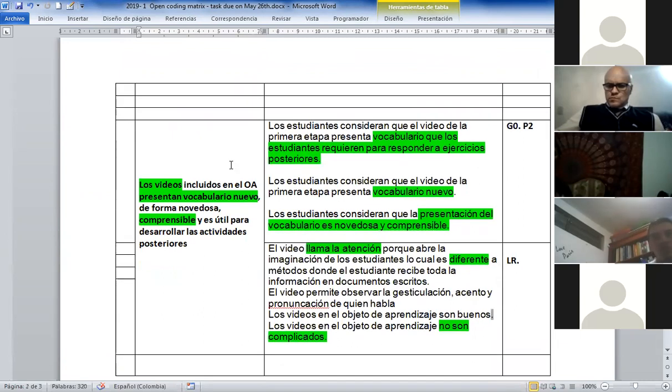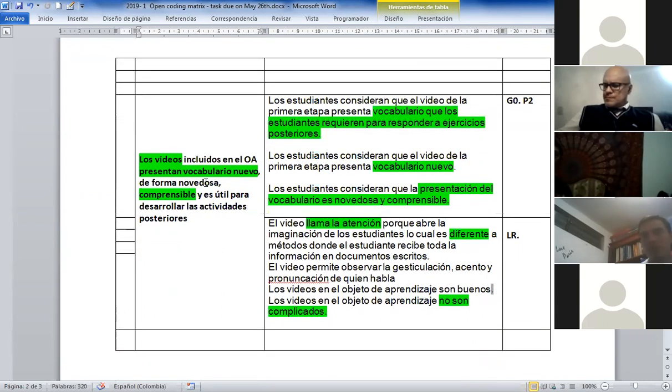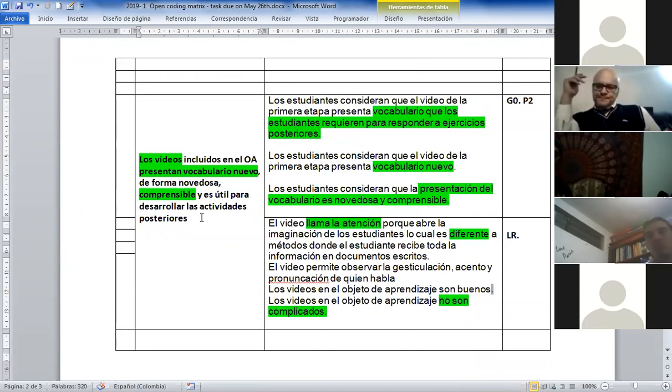So for example, this code about videos, if the other 2 students don't mention anything about usefulness to develop the other activities in the learning object, I will erase it because it's just an opinion of one student. I suppose that was just mentioned by Gio.